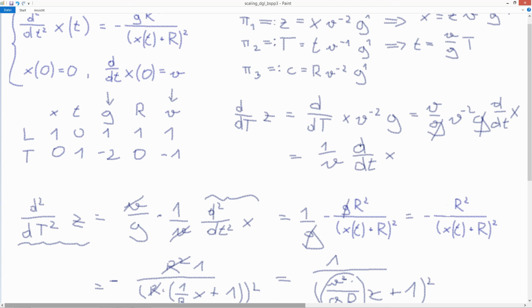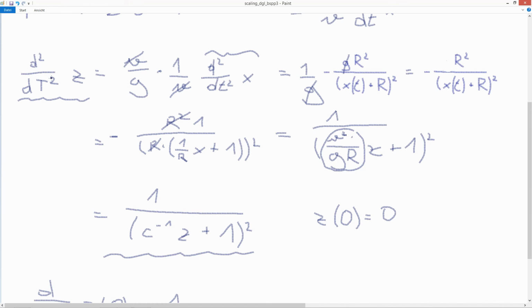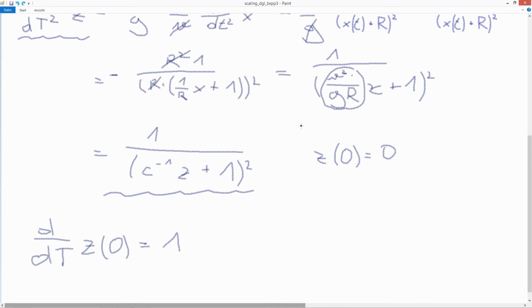So you have to find out what x differentiated with respect to t at the point 0 is, but you already know this. This is v, so you get 1 again. And this here is now our new differential equation with the new boundary conditions here and there. I think I have forgotten the minus here, so let's fix this quickly.